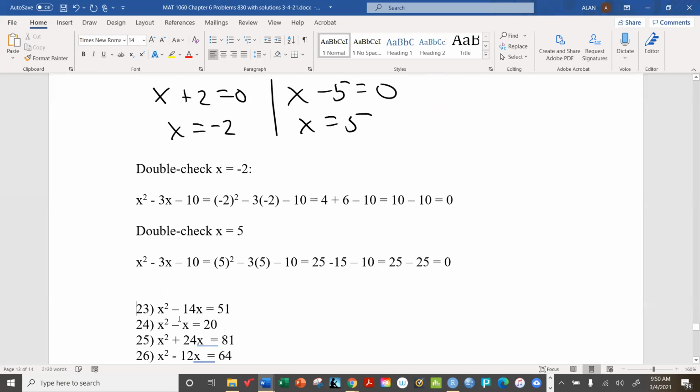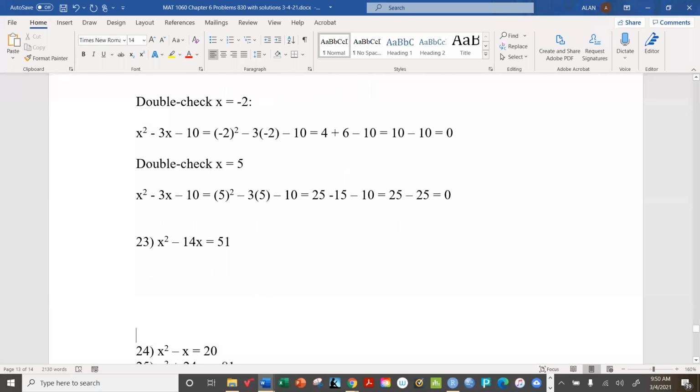All right, now here's one that's a little interesting because if you notice, it's not in the traditional form for a quadratic equation, which requires ax squared plus bx plus c equals 0. So when you see something like this, what you have to do is rewrite it in that form.